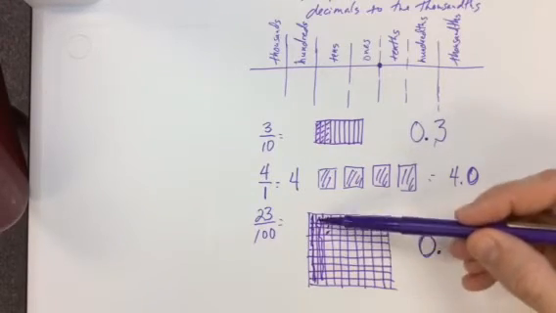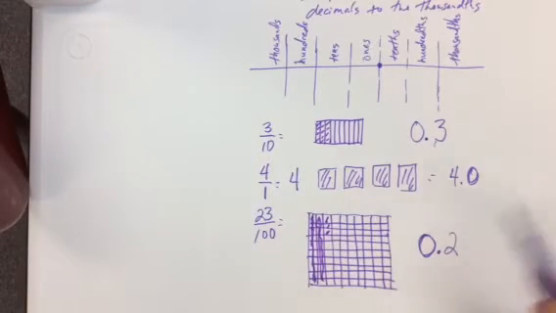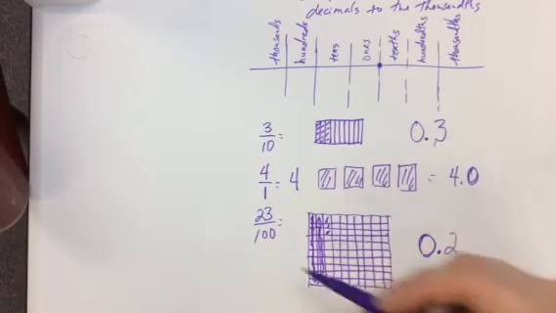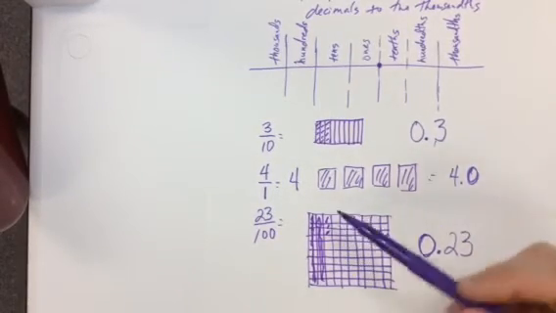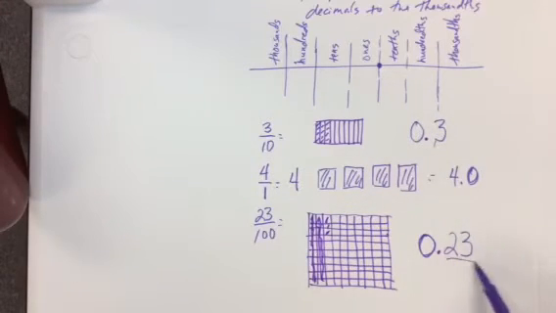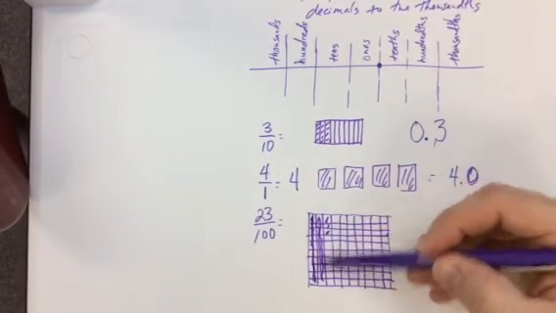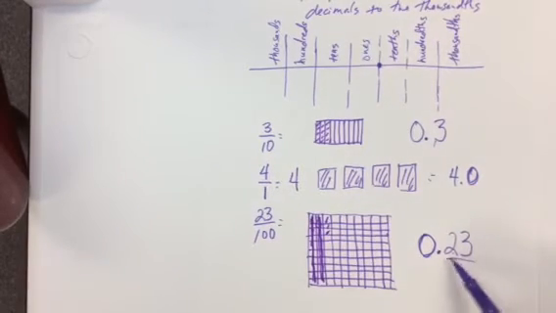Well, this is a tenth, and I have 2 full tenths, and then 3 pieces of this 100 left over. Now the other way that you can look at that is there are 23 out of 100 shaded. So I do like to talk about how the tenth spot has 2 full tenths in it, though, because that helps them to understand the place value a little bit better.